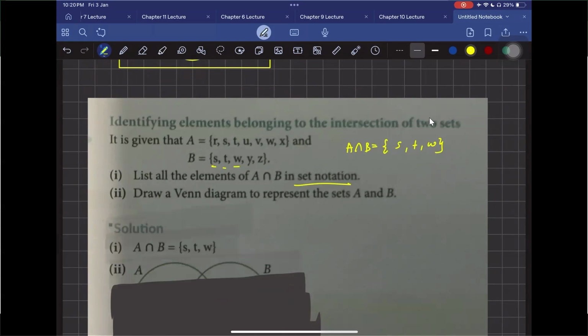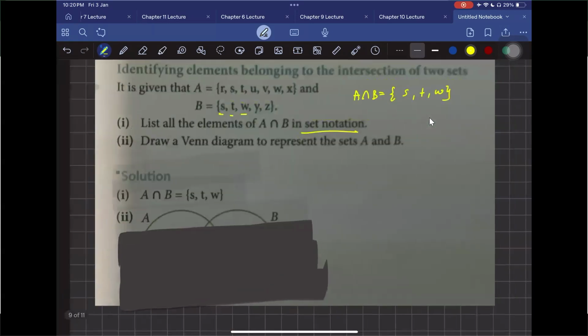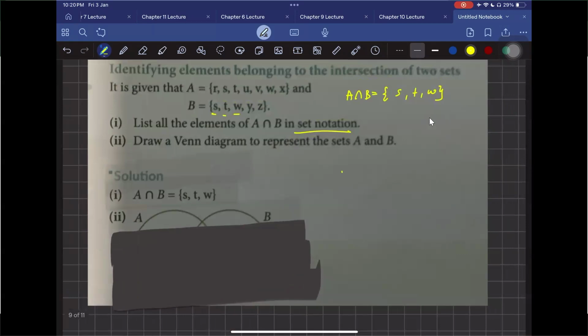Correct. Then next they say draw a Venn diagram. So again, rectangle.